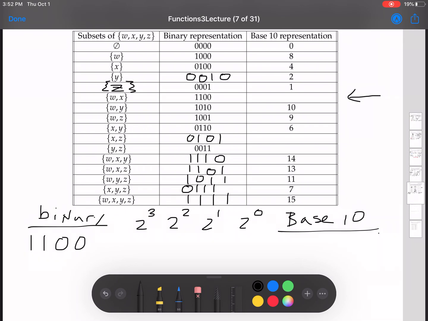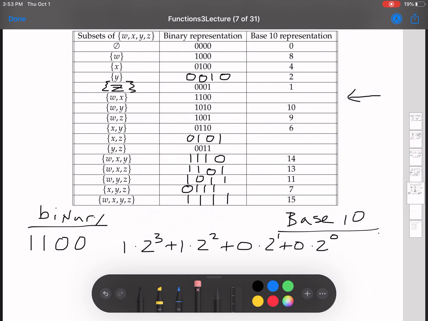So this is 1 times 2 cubed plus 1 times 2 squared, plus 0 times 2 to the 1 plus 0 times 2 to the 0. That's 8 and 4 is 12.